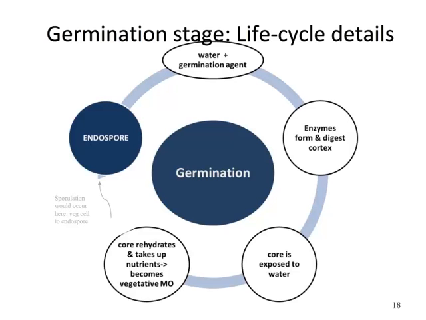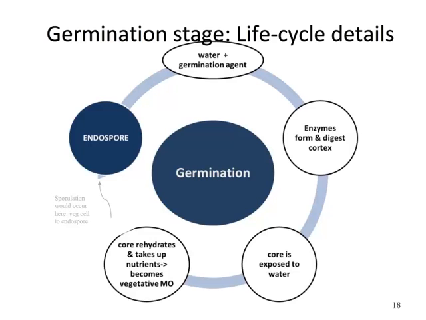When an endospore encounters water and some germination agent, probably a nutrient of some sort, perhaps a temperature change, the enzymes within the endospore begin to emerge. The endospore begins to form these enzymes, and those enzymes are responsible for digesting that thick protective cortex that surrounds the endospore.